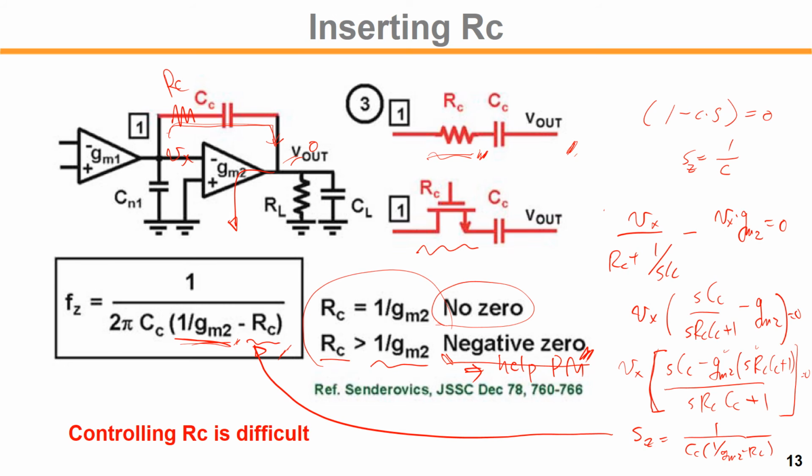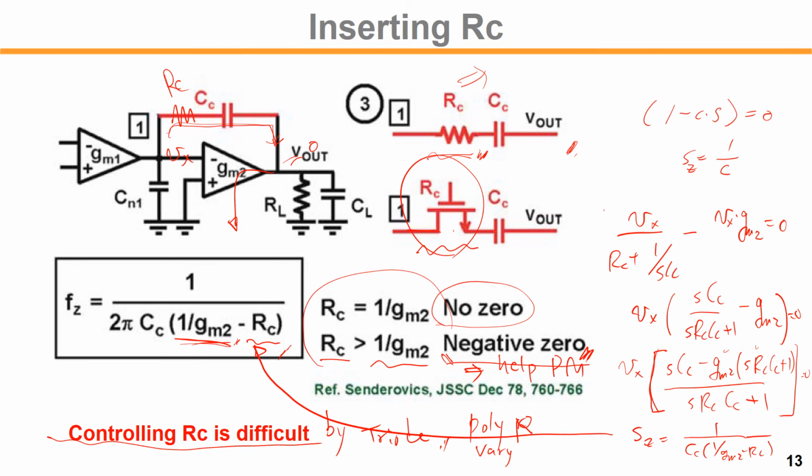So controlling the RC is difficult. We have it by triode, and also the RC in a poly resistor, and a poly resistor is also process dependent.